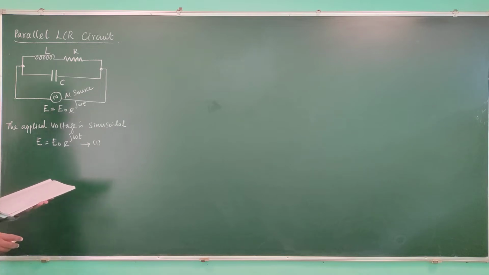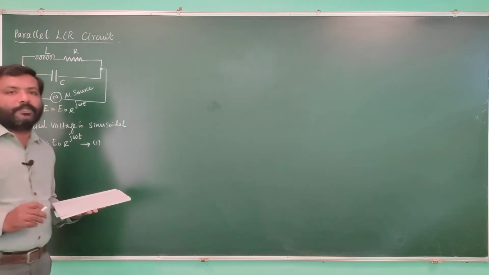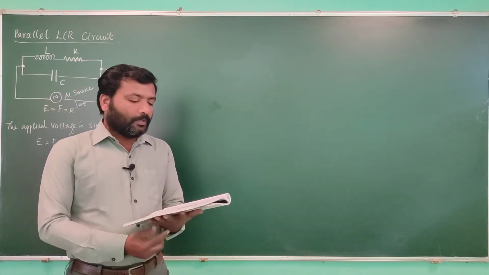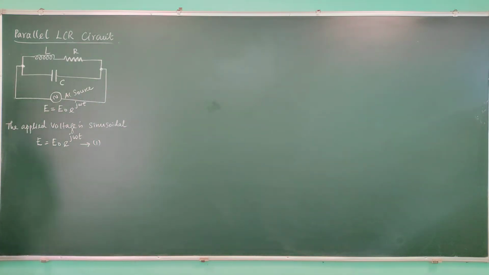Then we can use the concept of complex impedance. The resistor has only real impedance, right? Whereas we can write the complex impedance for the inductor and capacitor.